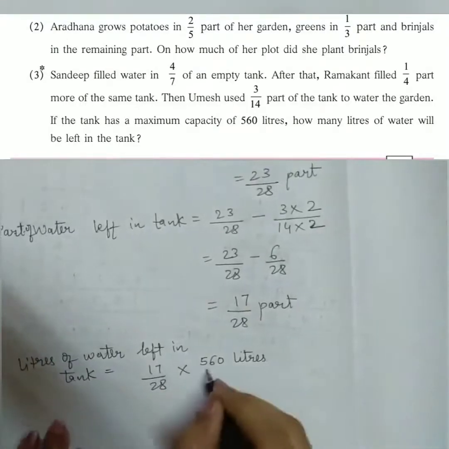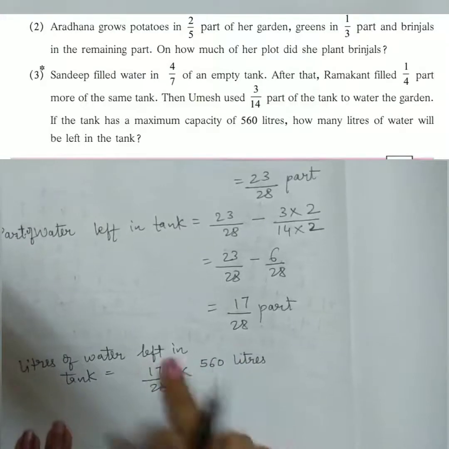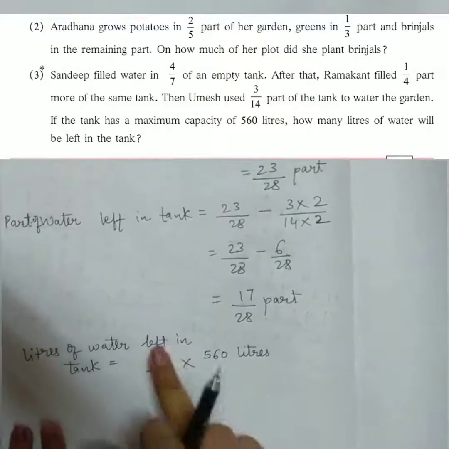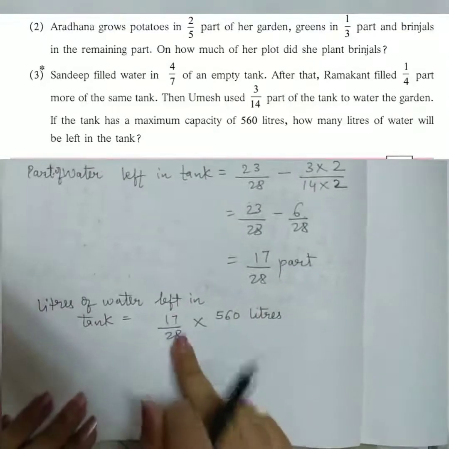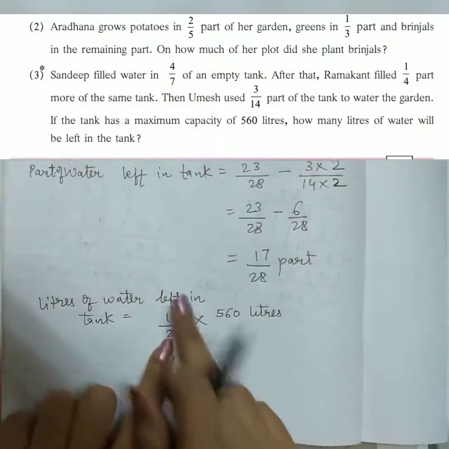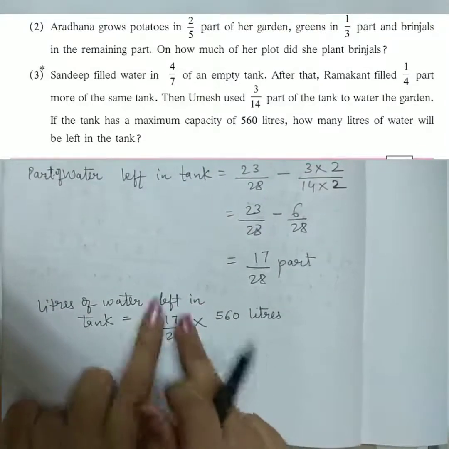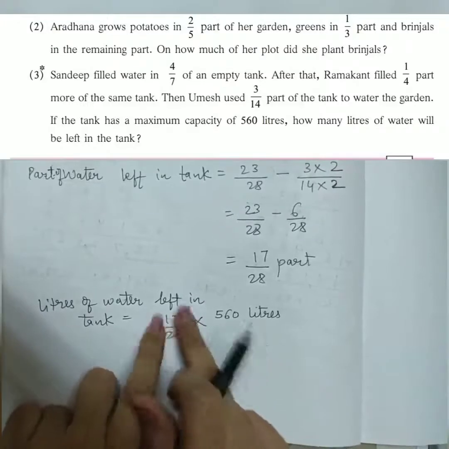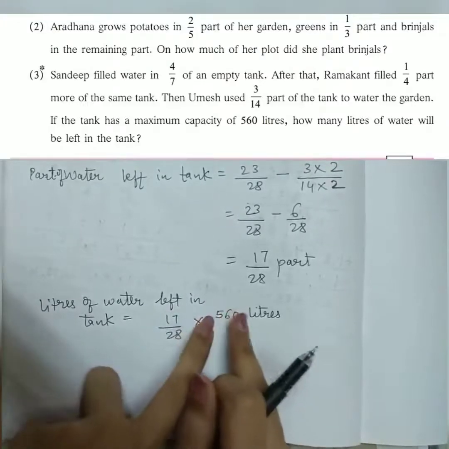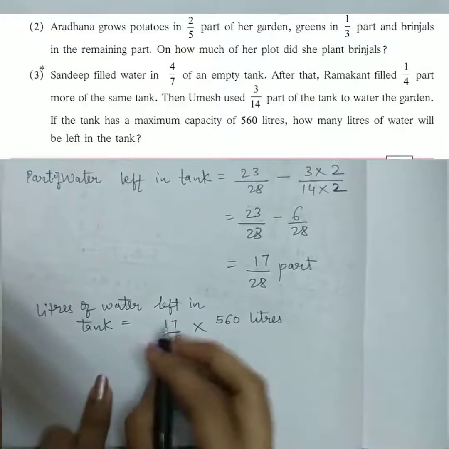Now these two are the numerator and this is the denominator. We can always divide numerator and denominator. If we cannot divide 17/28, we can divide 560/28.